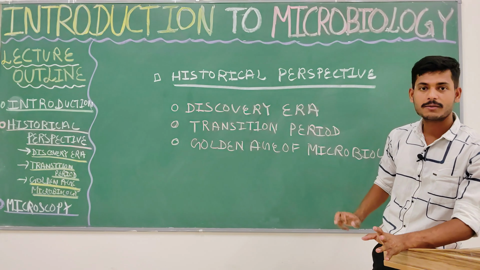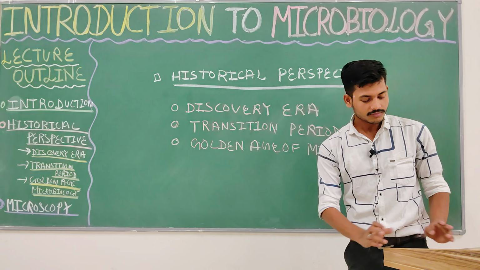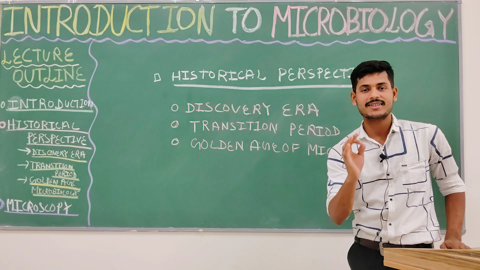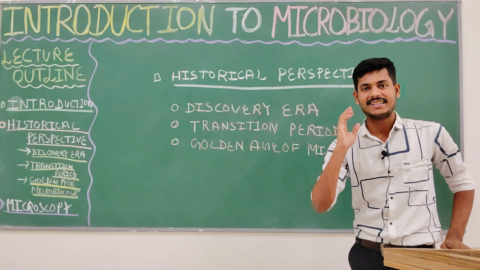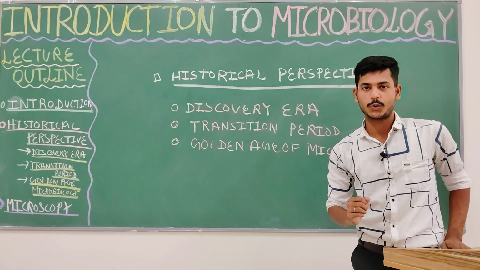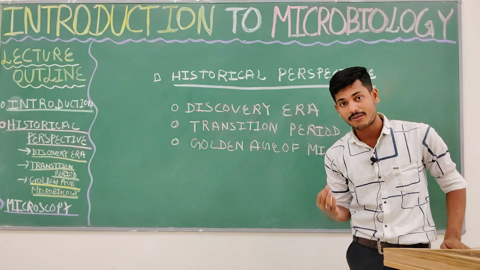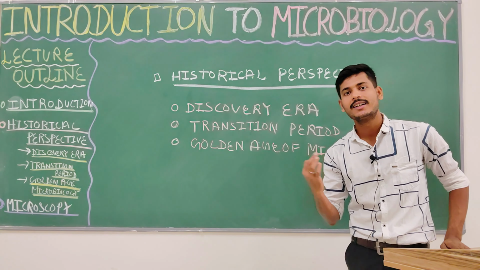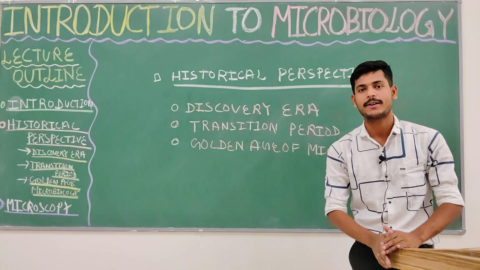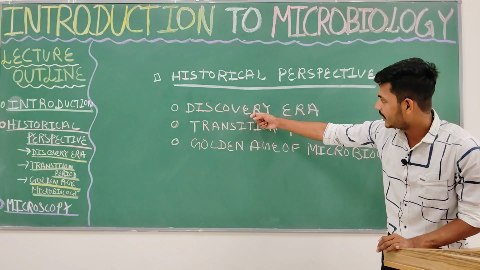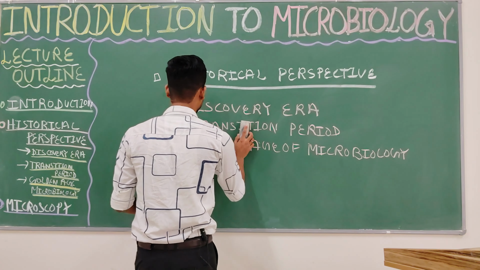But during the golden age of microbiology, some of the microbiologists were involved in establishing clear-cut microbiological principles which prove that diseases are caused by microbes, that there is an absolute existence of microbes, and a proper involvement of microbes in causing diseases. Those categories of microbes are referred to as pathogens. So let's make the first heading, discovery era, and understand what was discovered in this time period.